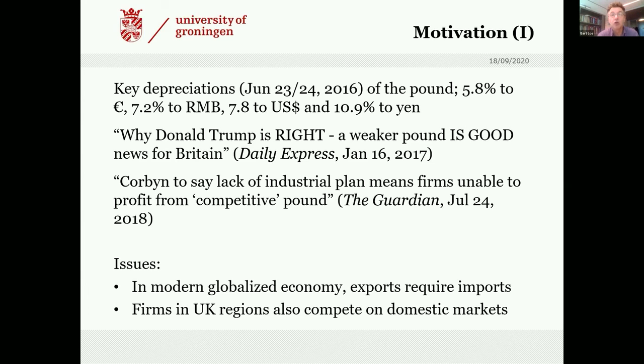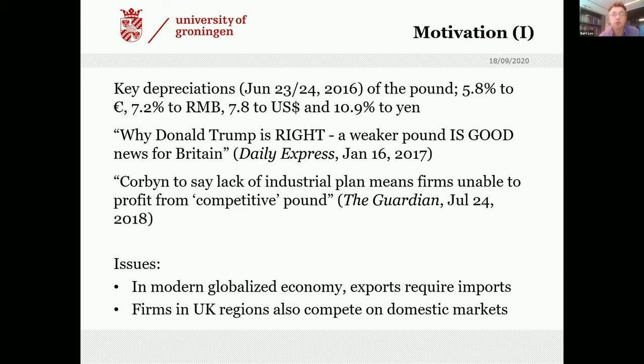And much later on, Corbyn, the then Labour leader, indicated that the lack of increased competitiveness as observed on export markets was mainly due to the lack of an industrial plan by the Conservative government.